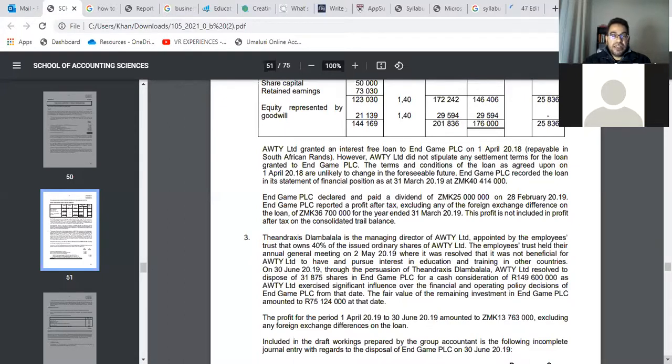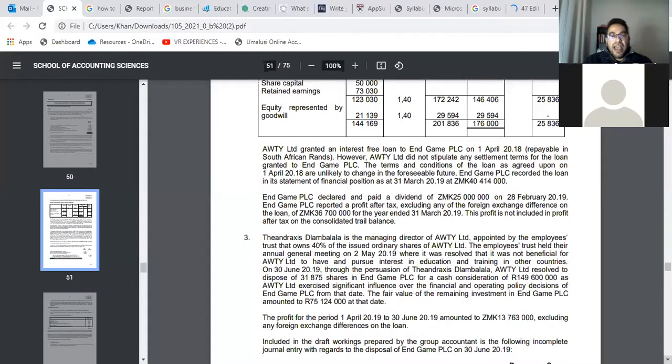Your functional currency is ZMK. So when you do your financial statements at year end, you're going to have to do a foreign currency translation for that loan. Any gain or loss will have to go through profit or loss. That is the aspect from putting yourself in the shoes of In-game's accountant.